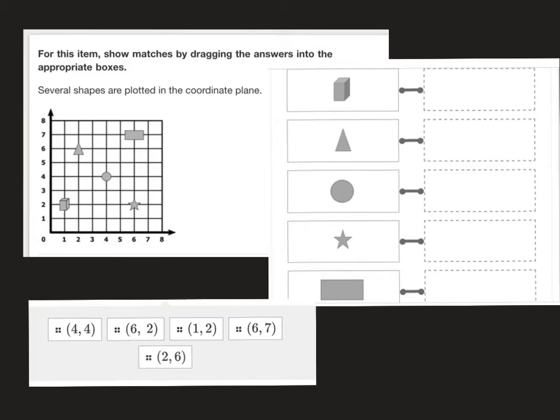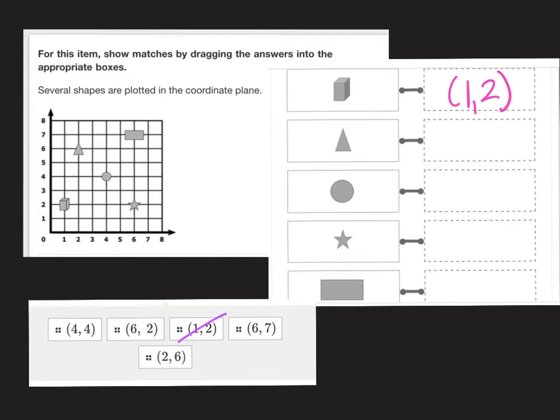We're going to do the same thing we just did. From the origin, I go right 1, up 2. So my ordered pair for this is 1, 2, because it has an x coordinate of 1 and a y coordinate of 2.